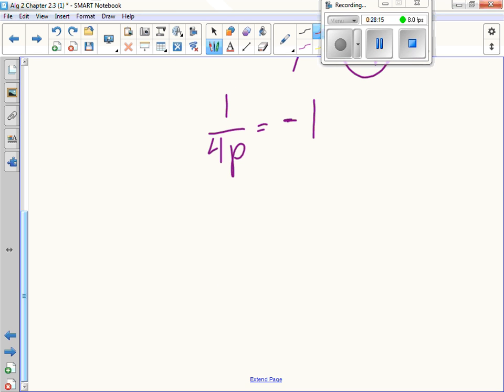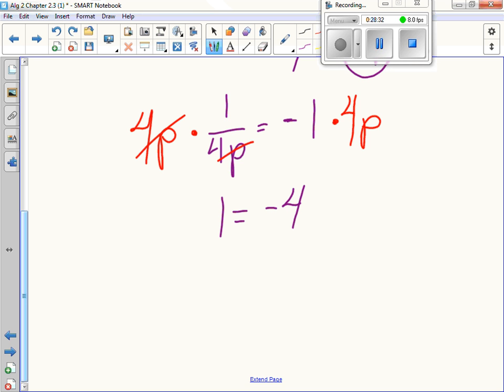Our steps are going to be the same. Our first step is going to be to multiply both sides by what? 4p. We always multiply both sides by 4p first, because those two will cancel, leaving us 1 is equal to negative 4p, because negative 1 times 4p would be negative 4p.